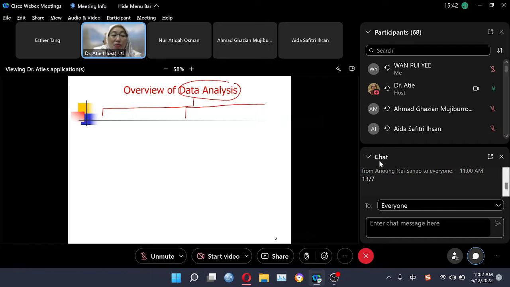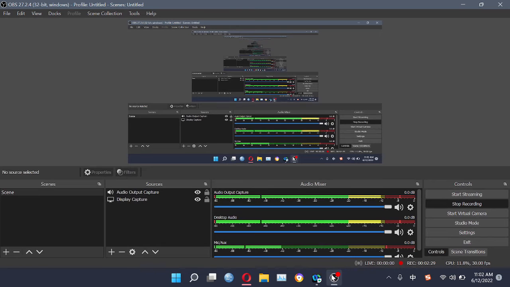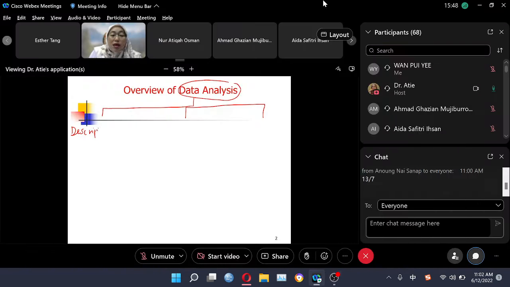The first one, we call it descriptive analysis, just to tell you the overall of the data, the pattern, the trend, what you can find, for example, from the mean, the mode, median, and so on, right? And then the next one, our purpose is to compare means, right?